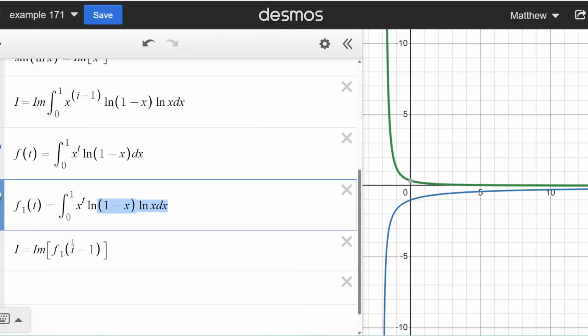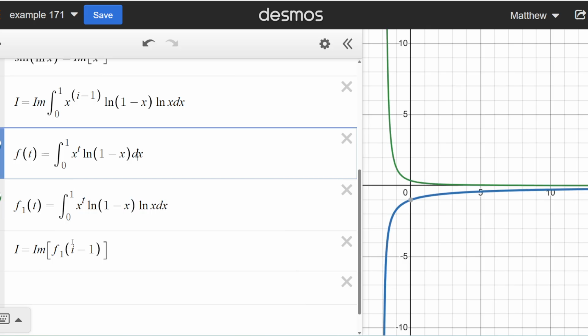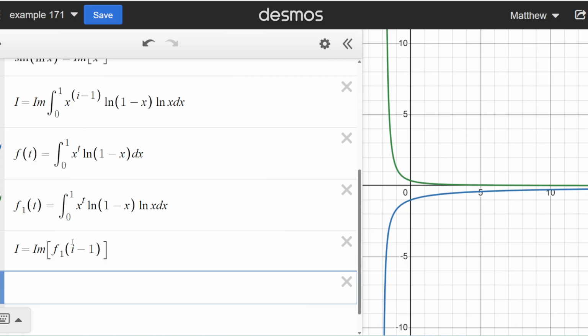Well, we can't really figure this out without doing some sort of series representation for this, and by extension, this and this. So let's make another representation for f of t. All right.